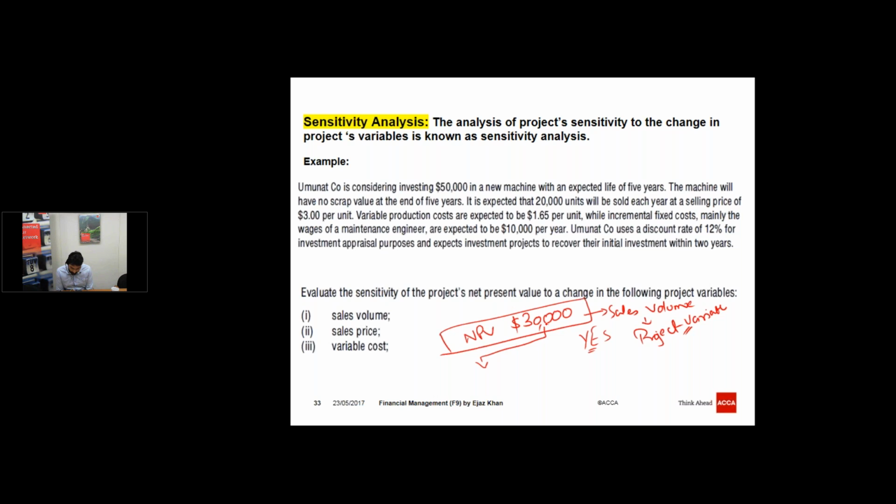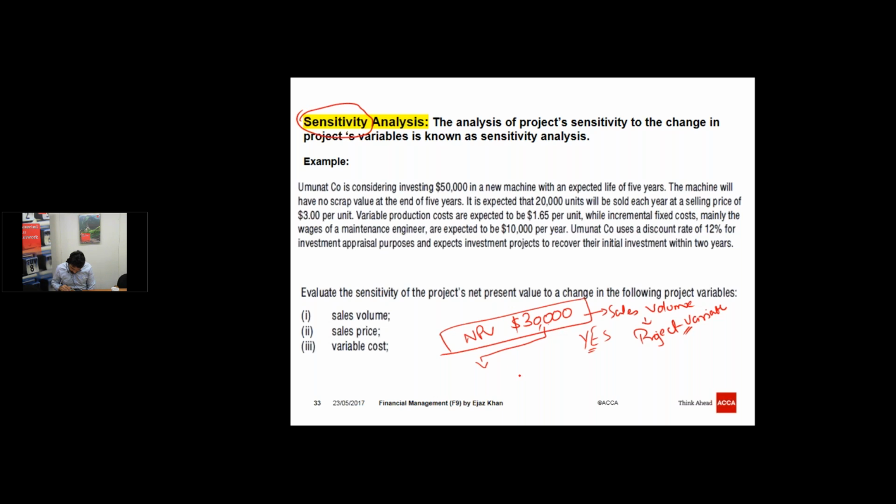Now, we would like to see how much change in a particular project variable we can afford. The maximum change that we can afford in a project variable, expressed in percentage form, is called the sensitivity of the project.